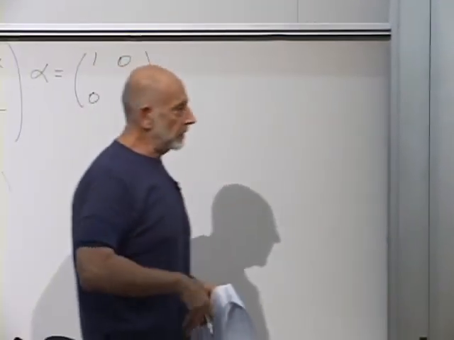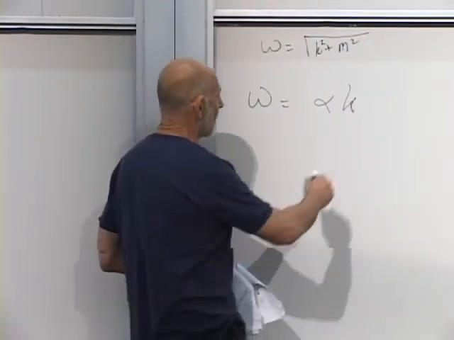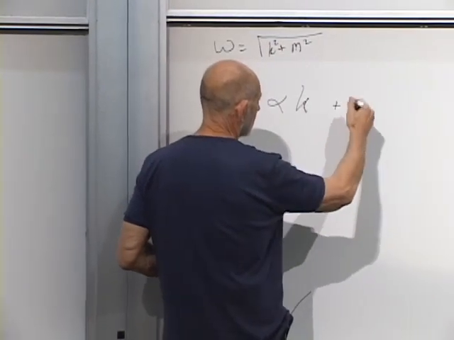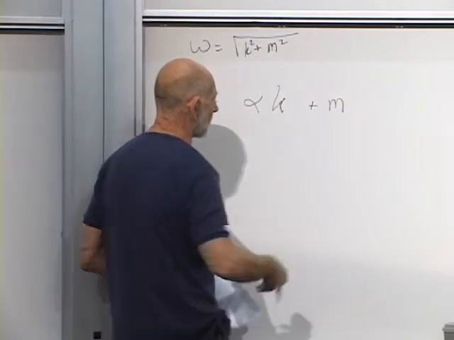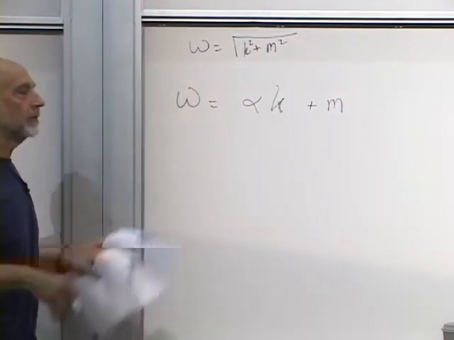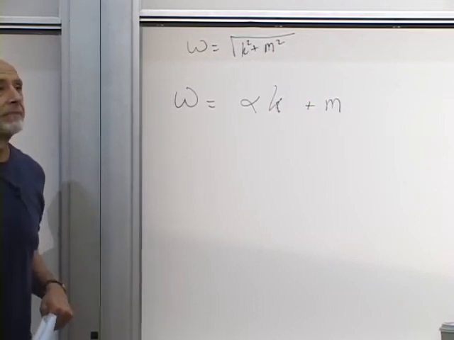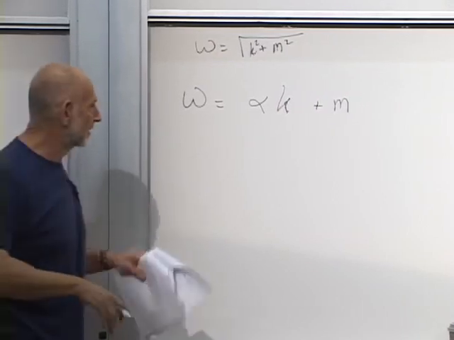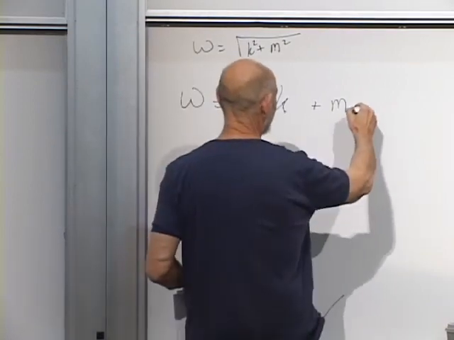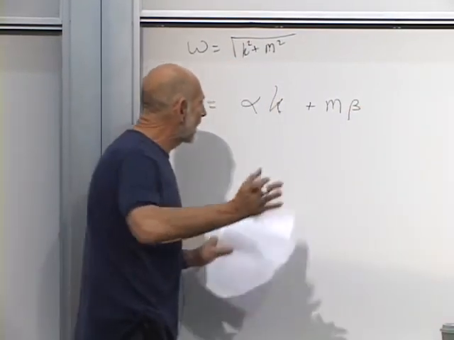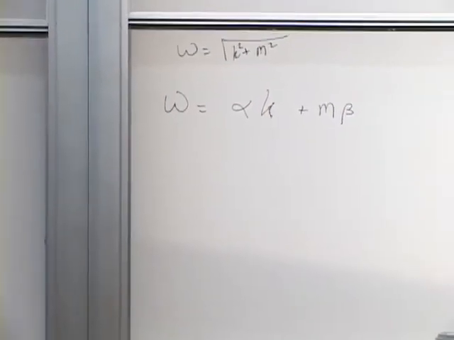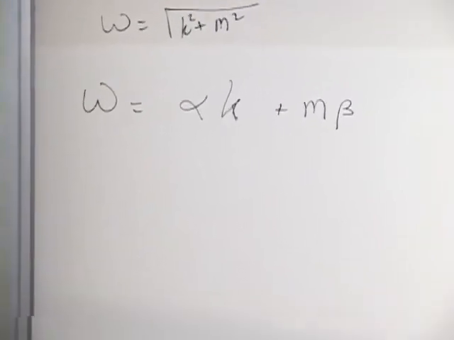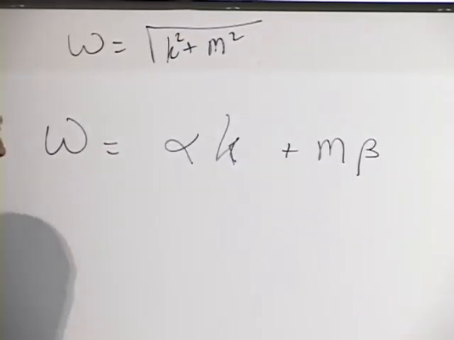Okay, let's add something to this now. Something with a mass in it. Mass times something. Times what? I don't know. Let's call it beta. We don't even know what beta is at this point. Presumably, it's also a matrix.